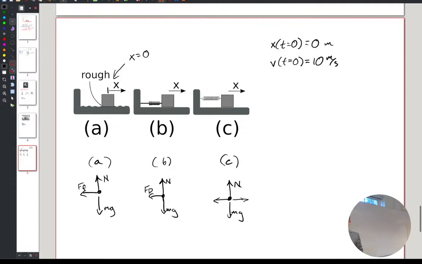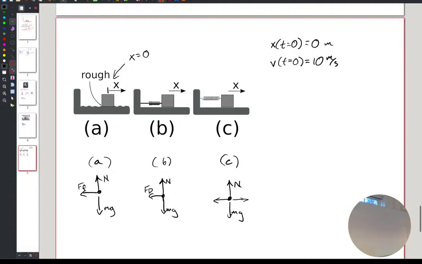Any other thoughts on spring force? This is one approach. This is my approach, and if you like it, steal it, use it. A lot of other people do this as well. When I'm drawing a spring force, I think about a positive x displacement.